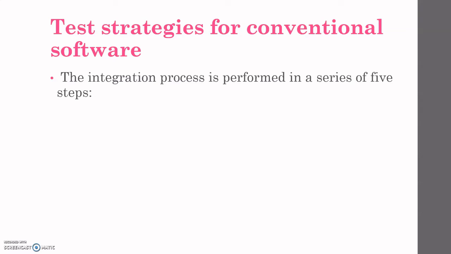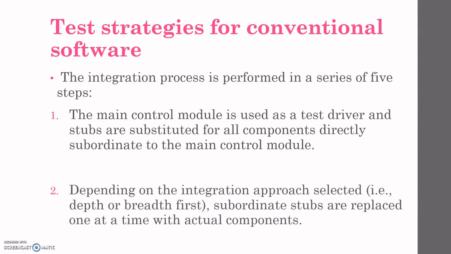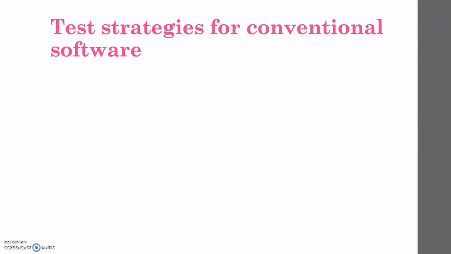So the integration process is performed in a series of 5 steps. The main control module is used as a test driver and stubs are substituted for all components directly subordinate to the main control module. Depending on the integration approach selected, that is depth or breadth first, subordinate stubs are replaced one at a time with actual components.